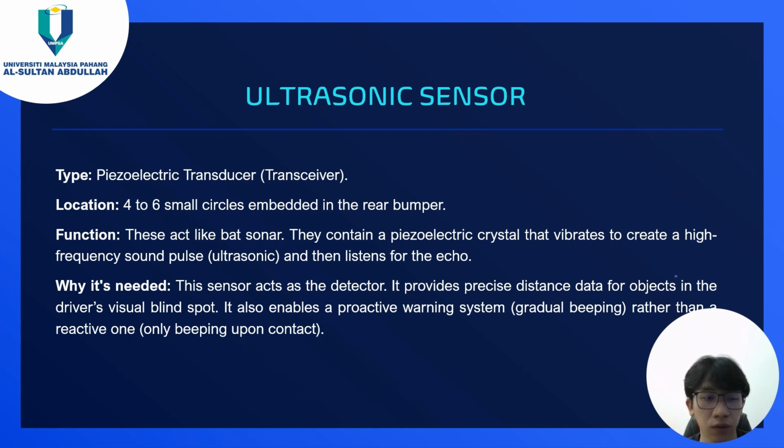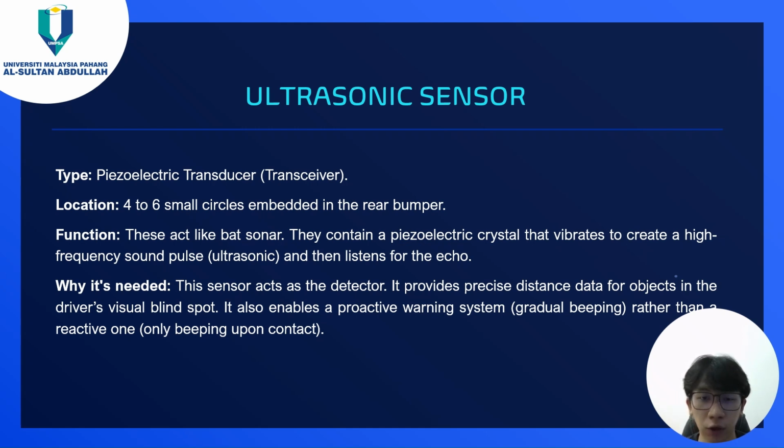the echo. So why is this ultrasonic sensor needed in the ADAS system? This sensor acts as the detector. It provides precise distance data for objects in the driver's visual blind spot. It also enables a proactive warning system, which gradually beeps, rather than a reactive one, which only beeps upon contact.